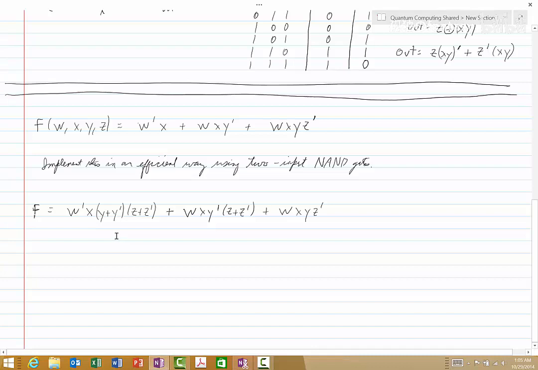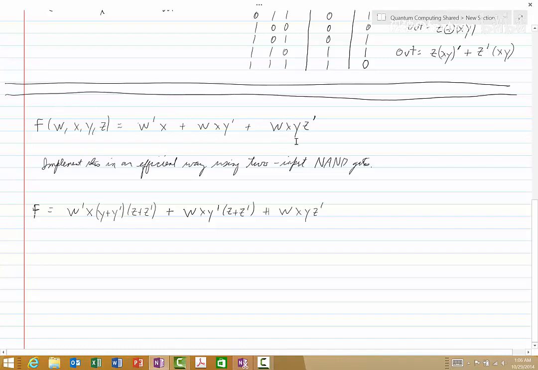But then once we got those 7 terms, since those would all be min terms, we could then go through the Quine-McCluskey method, and hopefully we would end up with an expression for f that was even more efficient than this. Now that might not be the case, but perhaps it would be the case.